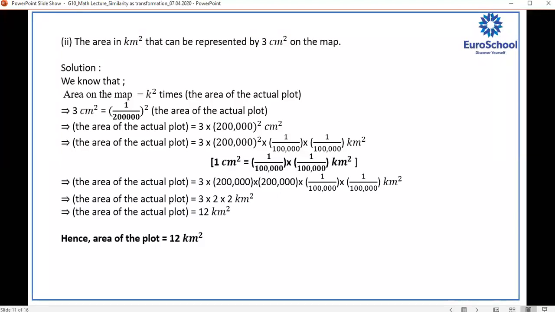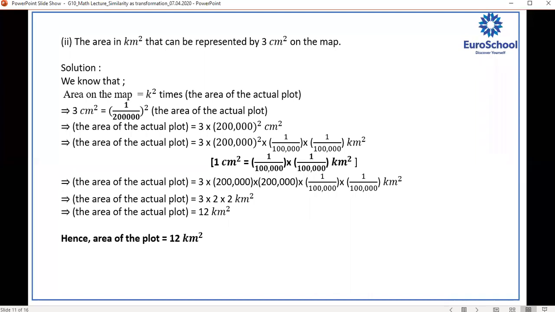Okay. First part was clear? In the second part, you have to find the area of the actual plot. The area on the map is mentioned as 3 centimeters square. It means when the area on the map is 3 centimeters square, what is the area in actual, on the ground? So the formula is area on the map is equal to k square times area of the actual plot.